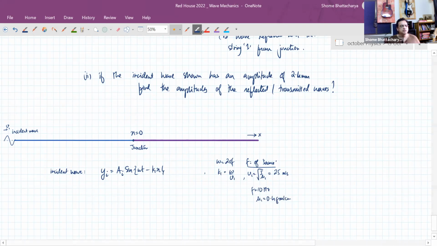Now this will cause the junction point to oscillate up and down like this. That will create a transmitted wave going down this string. It will also cause a reflected wave to come back at the same speed v1, because it's propagating in the same string.